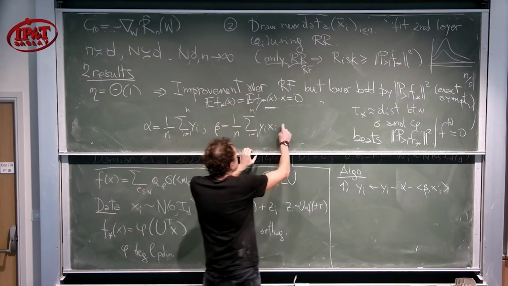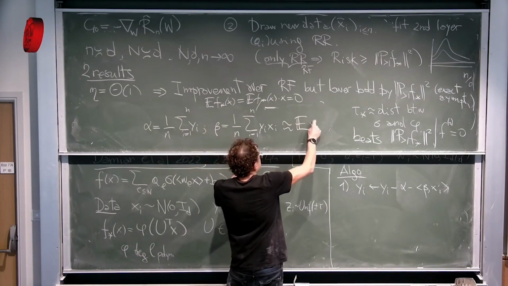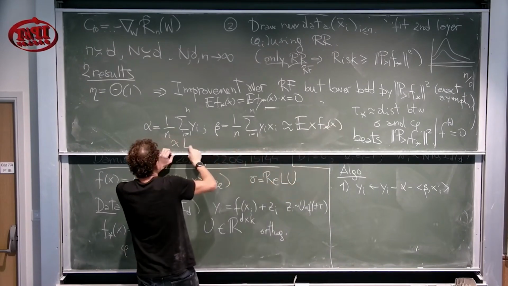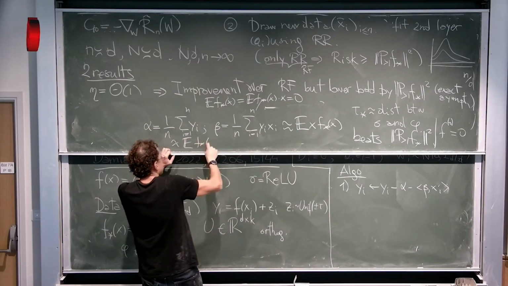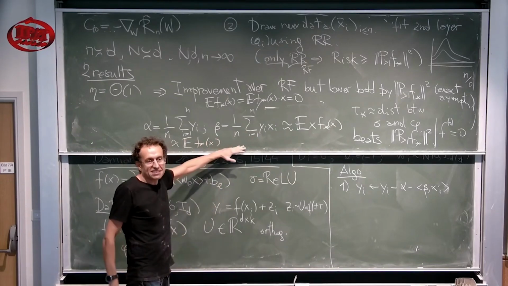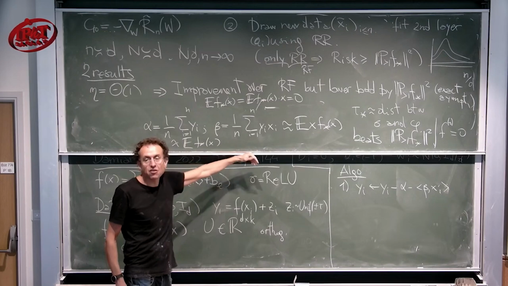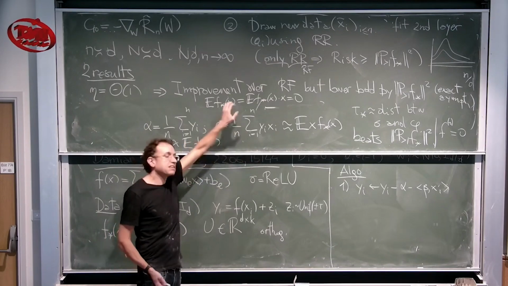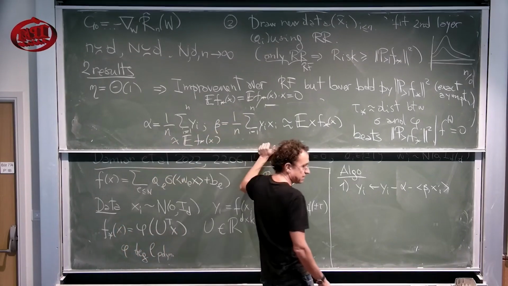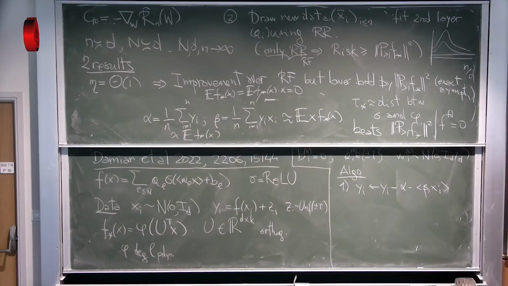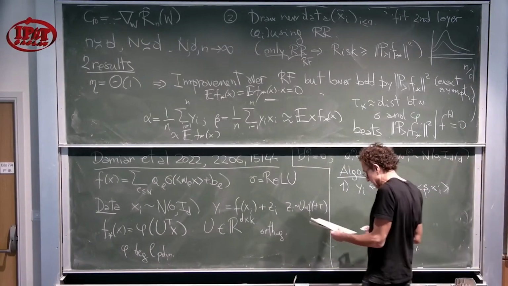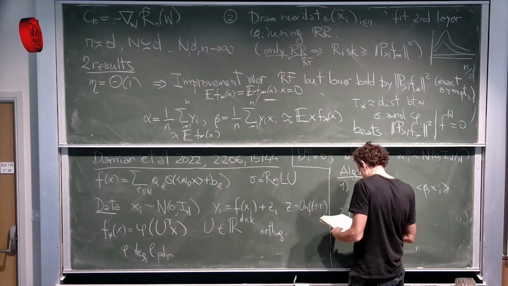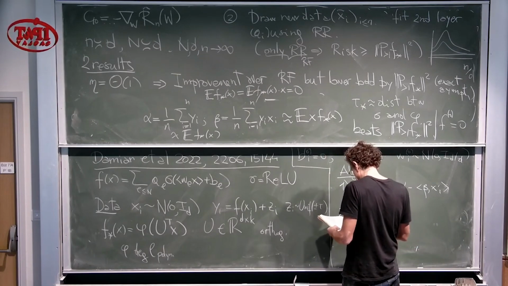Because this should be about the expectation of f star of x. It should concentrate around it. And so they say, okay, if I can do this case, I can do the general case by subtracting. So now, in this case, what they do is that they do again a single step of gradient descent.